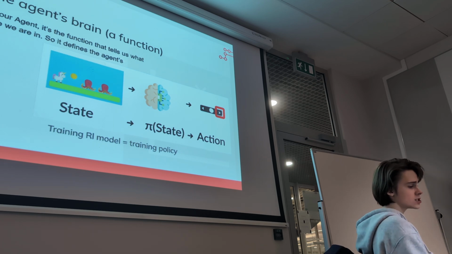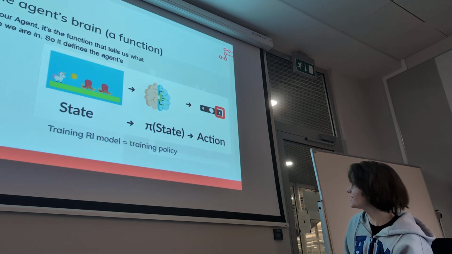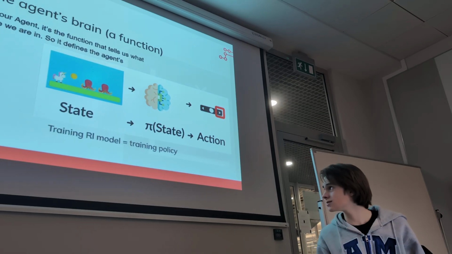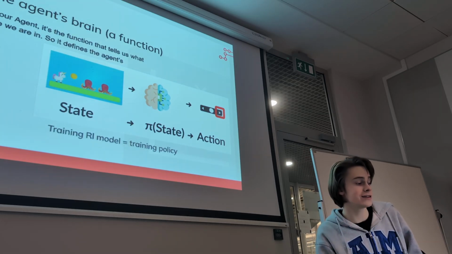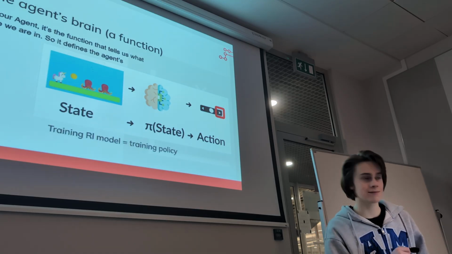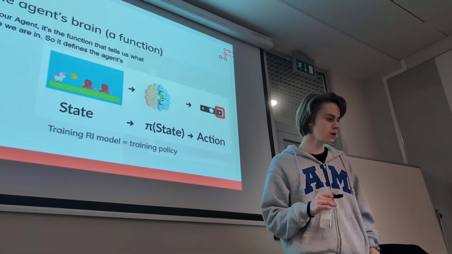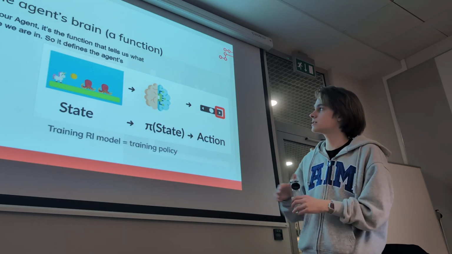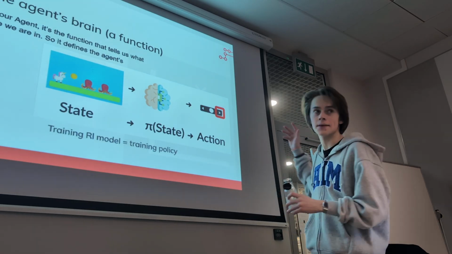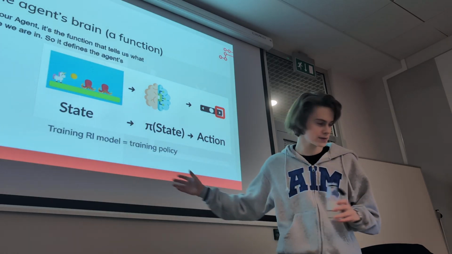So it defines the agent's behavior at a given time. So training a reinforcement learning model is just training a policy, defining a function which can take some argument, which is our state, and based on that state, we can do some actions. Simple as that.